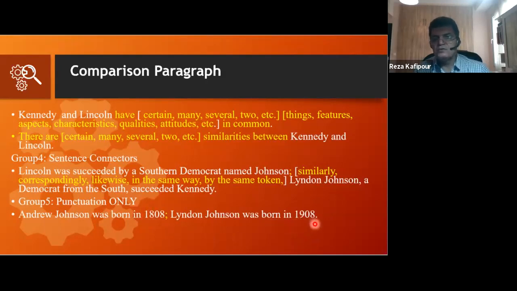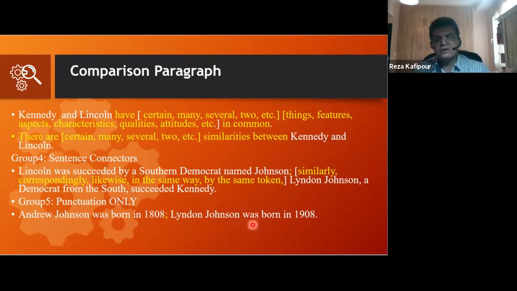So it refers to the common part in the year: the 08 in the second one and the 08 in the first one refer to the decade. So it shows we are comparing these persons based on the decade they were born in.